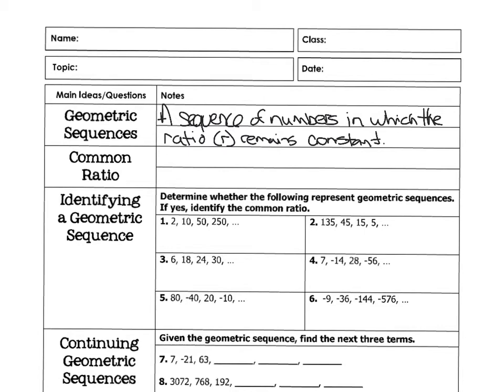An exponential function, its table has a ratio because you're multiplying, a ratio that's constant.